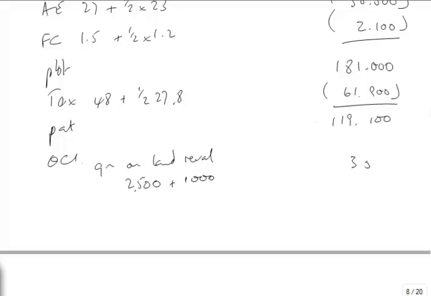So 3.5 is the gain on land revaluation, and we've got the loss on fair value of the equity instrument, of the financial instrument. And the loss on the fair value, that's 700.